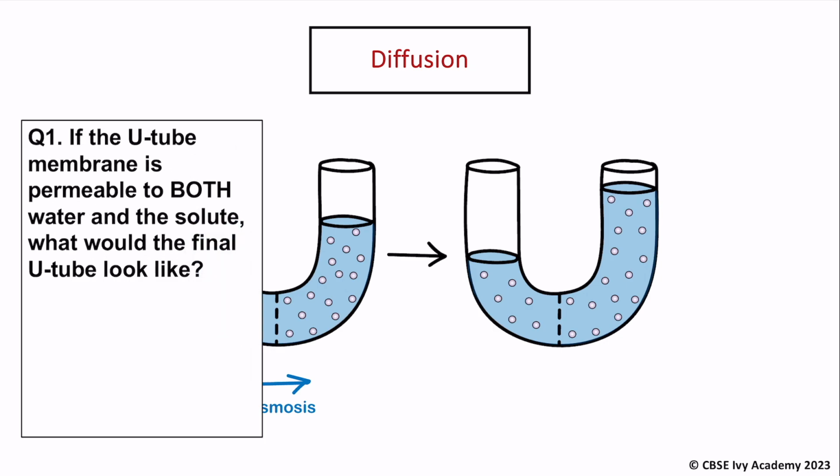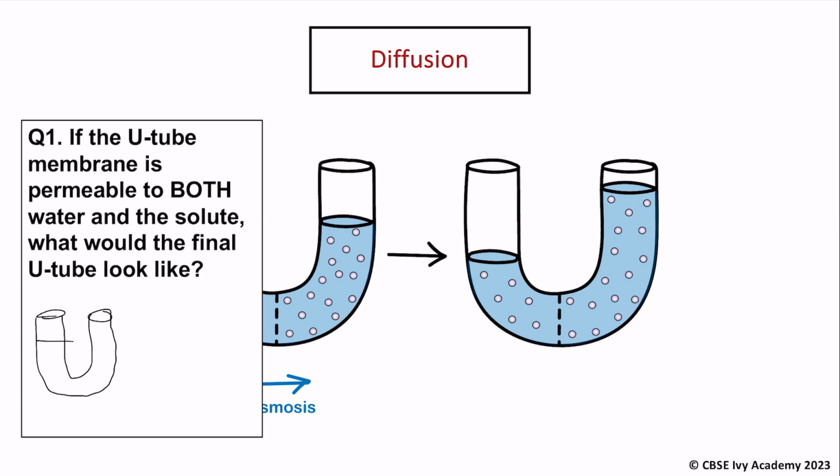So now, if the U-tube membrane was permeable to both water and solute, what would the final U-tube look like? So the answer is that you would start off with a U-tube like this, right?